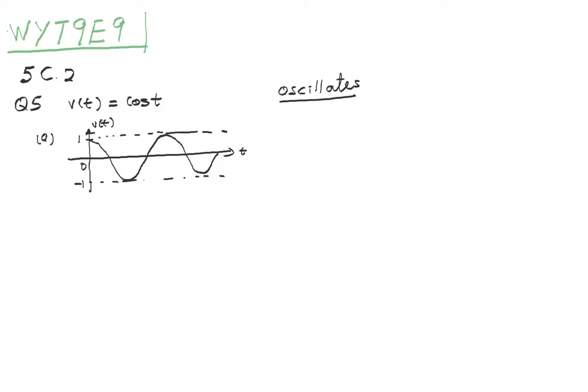When you say oscillate, it can have 2. For example, this is a fixed point. It can start from here, then it starts to move down, or in this case, you should move up.